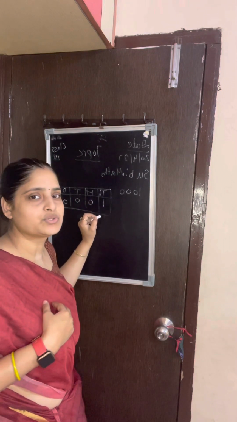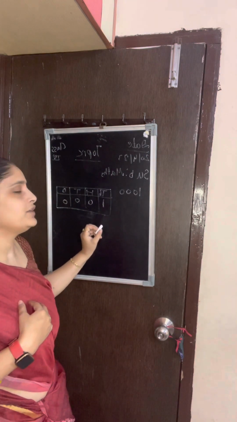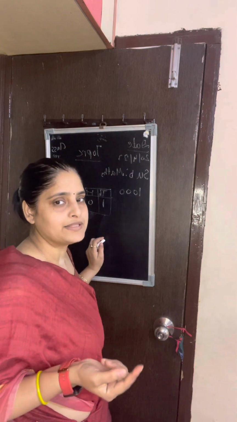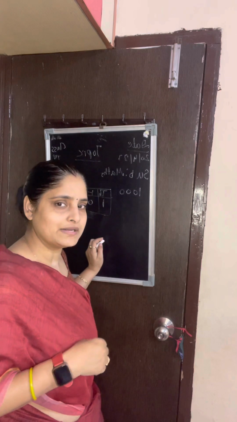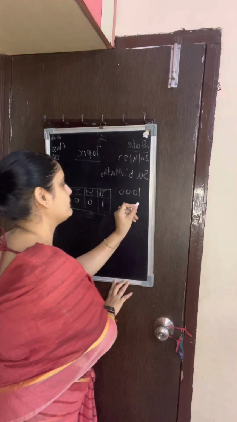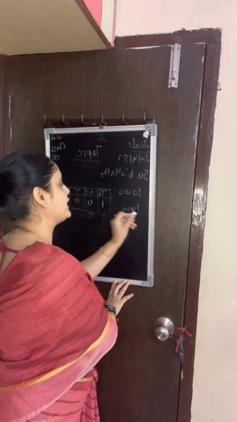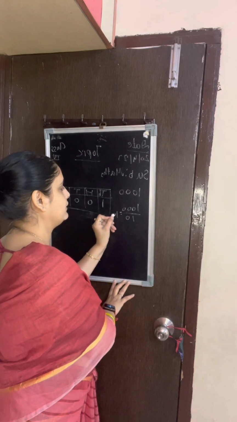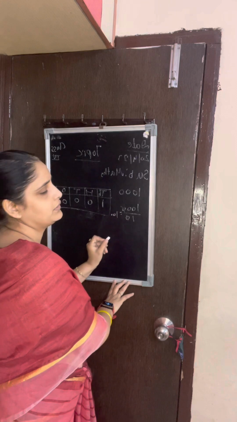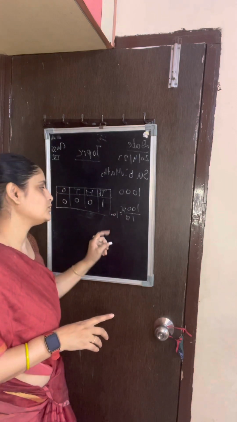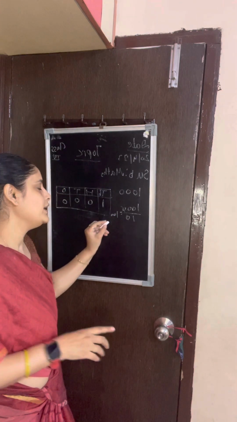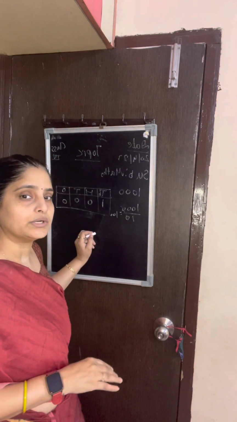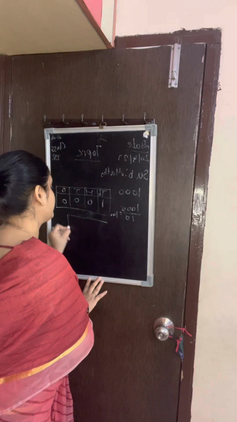Okay, so students, if we divide this number 1000 by 10, then what will we get? The 1000 divided by 10, we will get 100, because 10 times 100 is 1000, right? Now again we place this 100 in the place value chart.